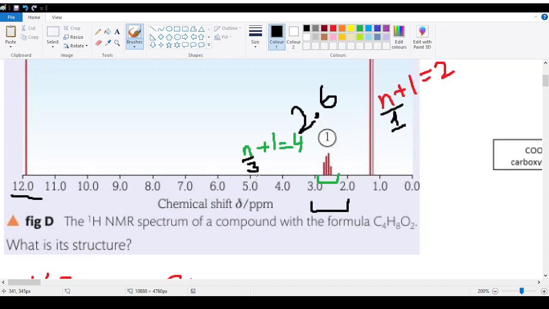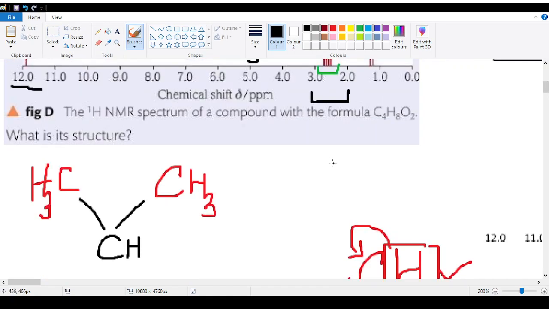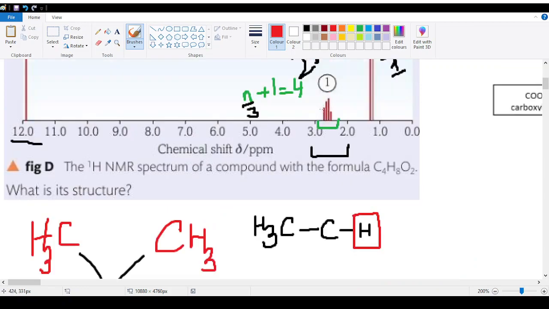N must have been 3. So how many neighboring hydrogens were there? 3 neighboring hydrogens, yes or no? Yes. So that means somewhere there was a hydrogen joined with the CH, and this was joined to a CH3, something like this. And this hydrogen was responsible for this peak, perhaps. Yes or no?